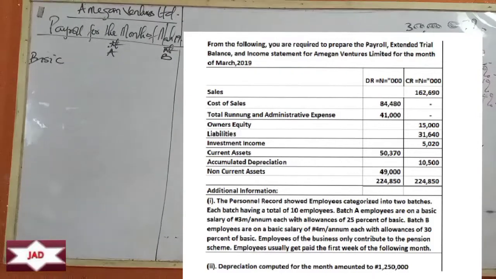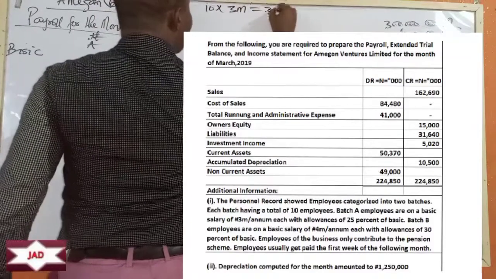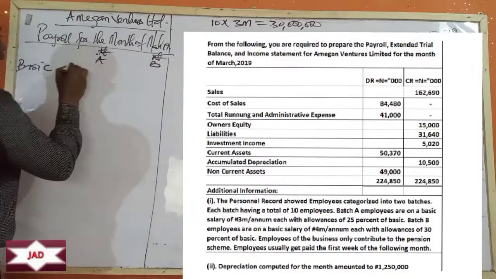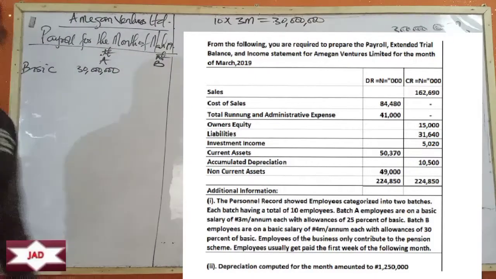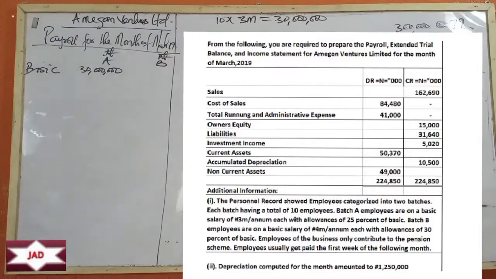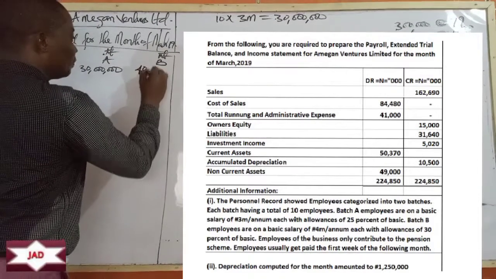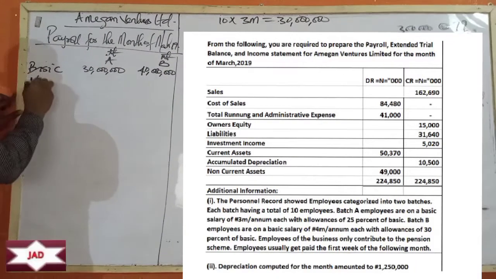So 10 people times 3 million, that will give you 30 million, right? So we say A is 30 million. B is 40 million per head, so times 10, that's 40 million. B is 40 million.